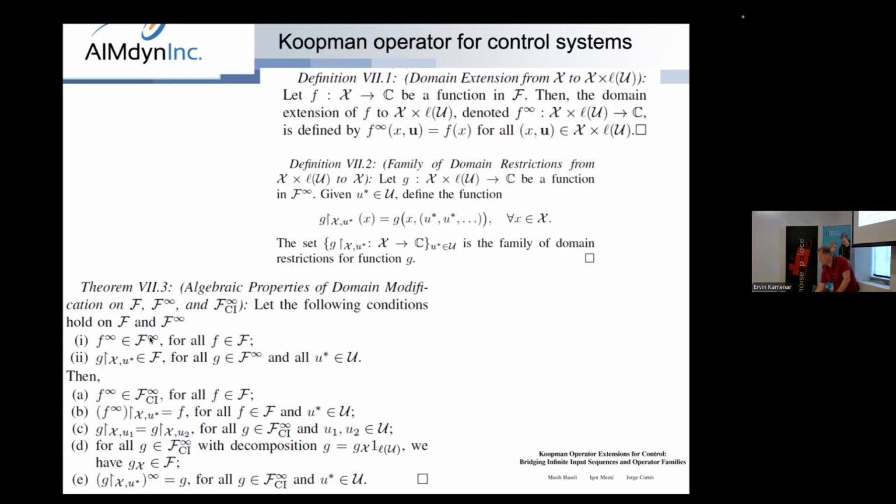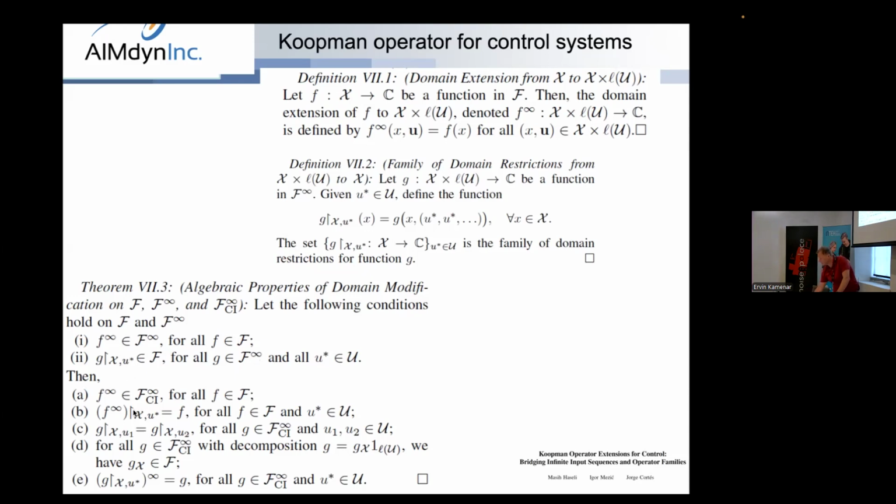So this space here cannot be, in this sense, poorer than this space over here. Otherwise, there is a problem, and there is no comparison between the two. And then the restriction, this g restriction for any g element of F infinity and any input, must be in the set of all functions on state space. This is how these two things correspond.